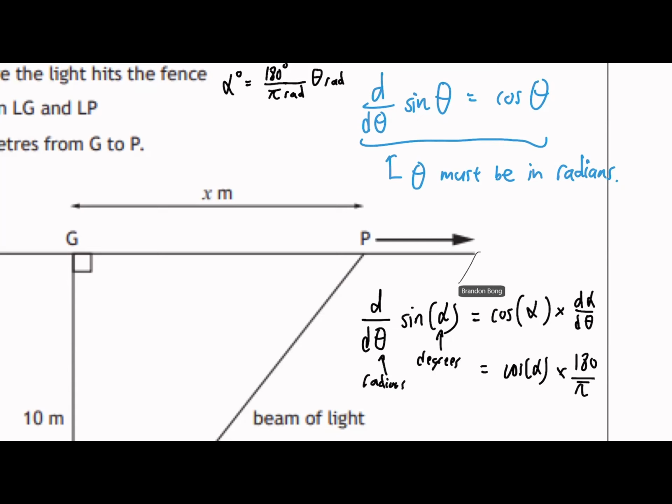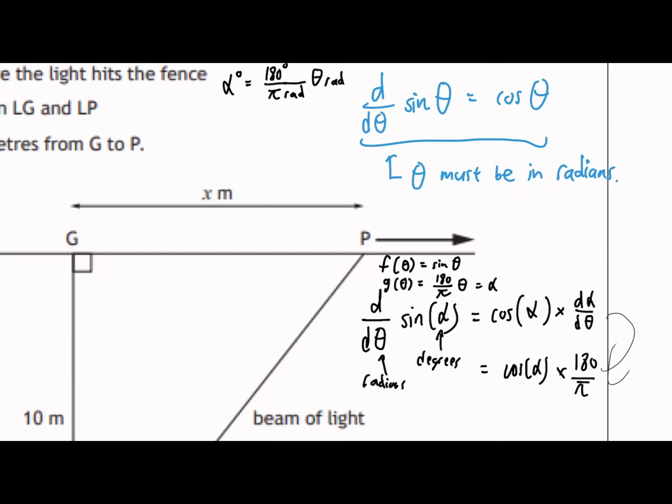Okay, how do you go from here to here again? You treat this as a composite function, sine of alpha. There's an outer function f of x, let's say sine of theta. Then there's a g of theta, that is alpha, or rather, sorry, 180 over pi theta, which is alpha.